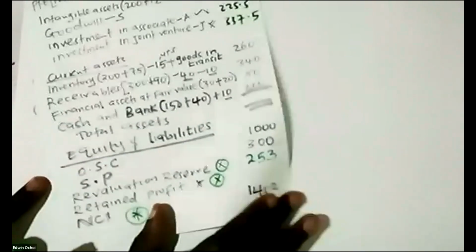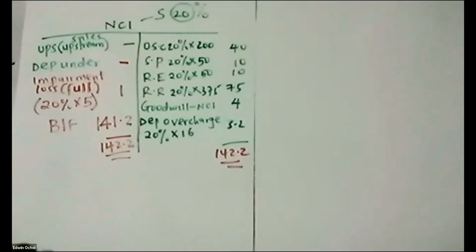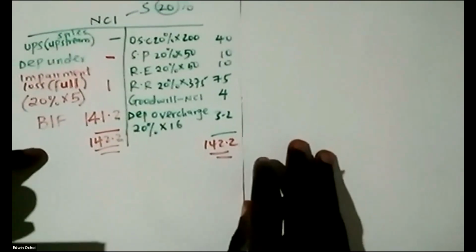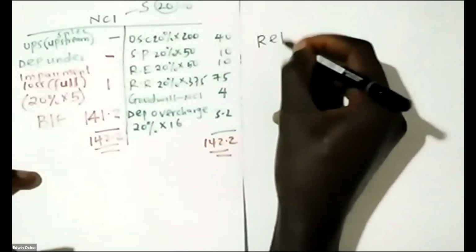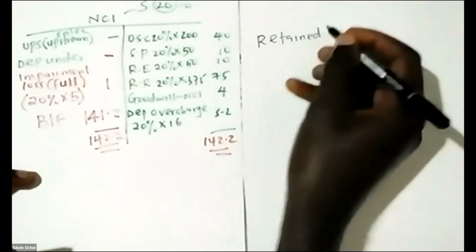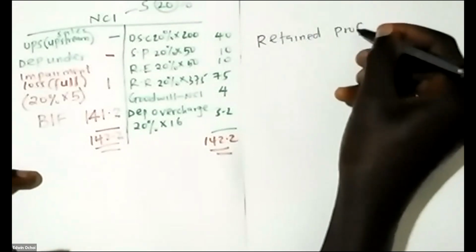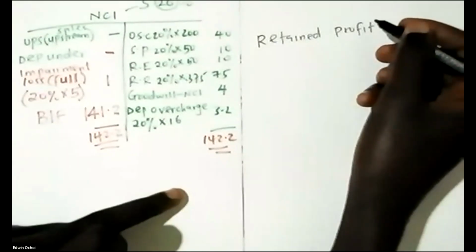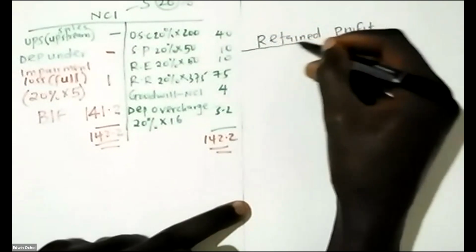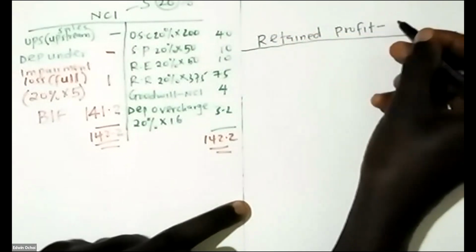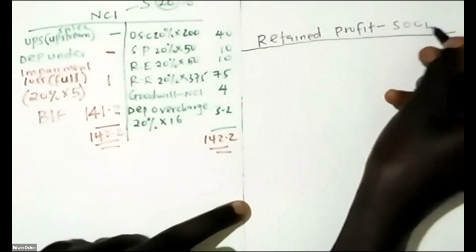Then finally, the last working concerns retained profit. So retained profit, you do the same as the statement of changes in equity.